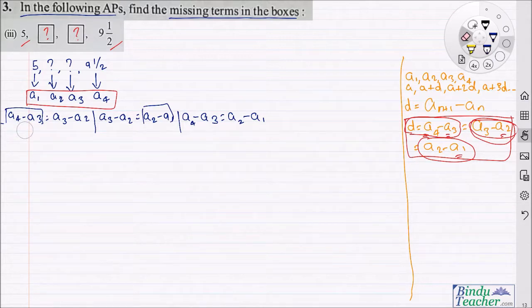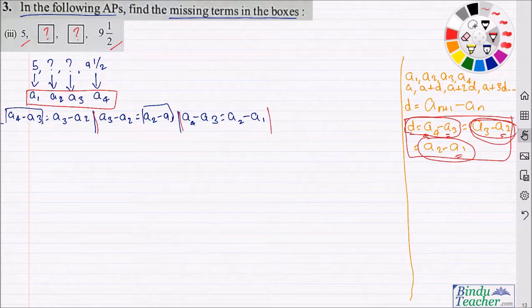Okay, so we'll stop here. Now we have three different sets of equations that we can use. One is here, the other is here, and finally here. We can use any equation to find out the value of A2 and A3, but we have to see which one is better out of the three equations.